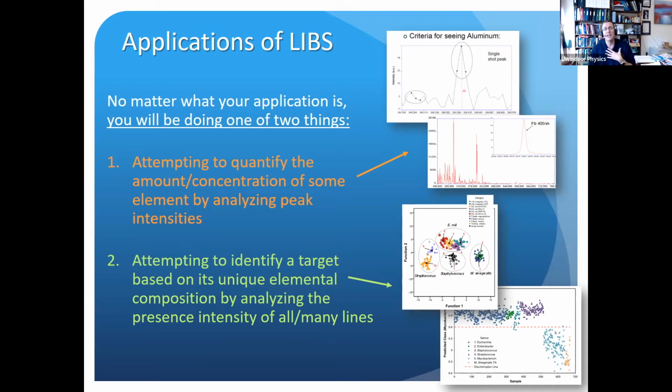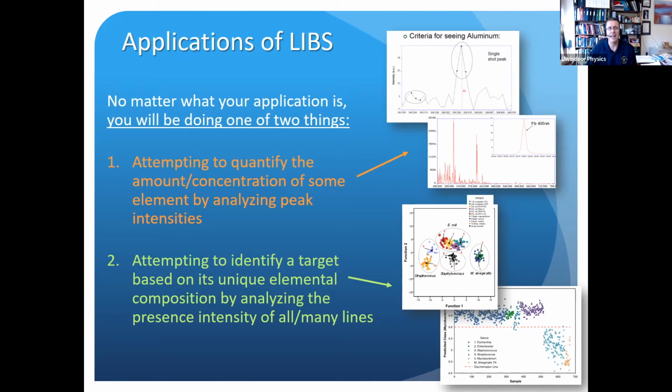Or you could say, like in my case, I don't care what elements are present in bacteria. I want to know whether that pattern or ratio of elements is repeatable enough to absolutely identify it, like for bacteria, cancer cells, conflict gems, or different types of paper mulch. I'm never going to measure, oh, there's 5 parts per million chromium, nothing like that.